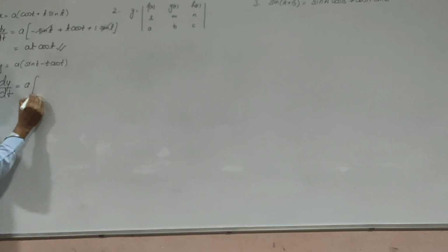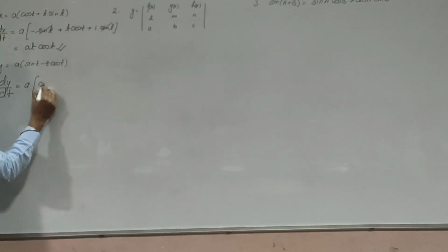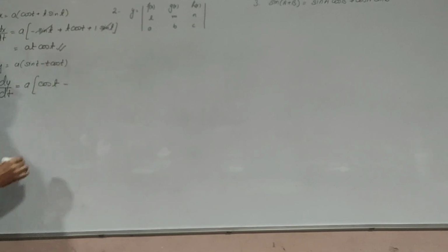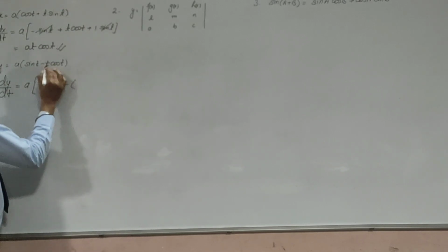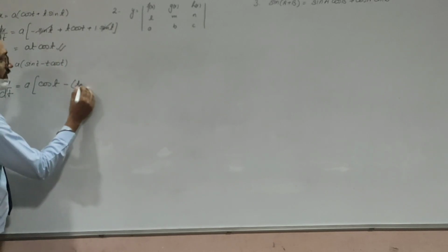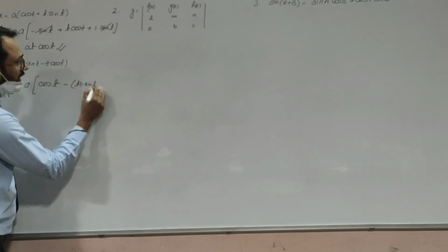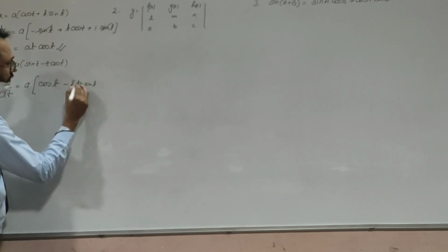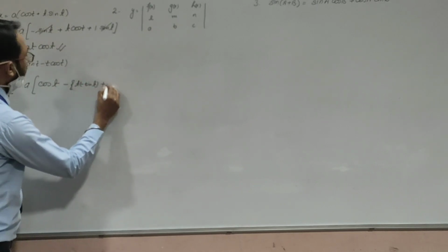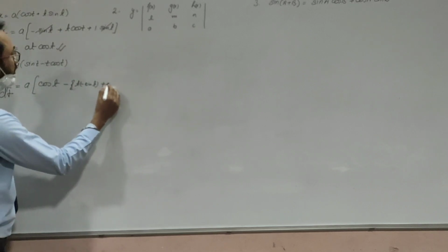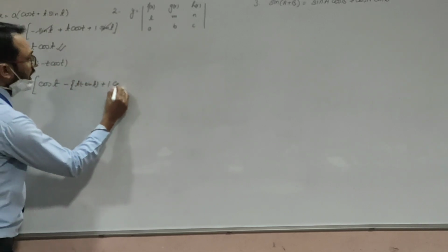In the same way, we differentiate y with respect to t to get dy upon dt. The differentiation of sin t will be cos t, minus the bracket: the first function is t, the differentiation of cos t will be minus sin t, plus the differentiation of t will be 1 into cos t as it is.